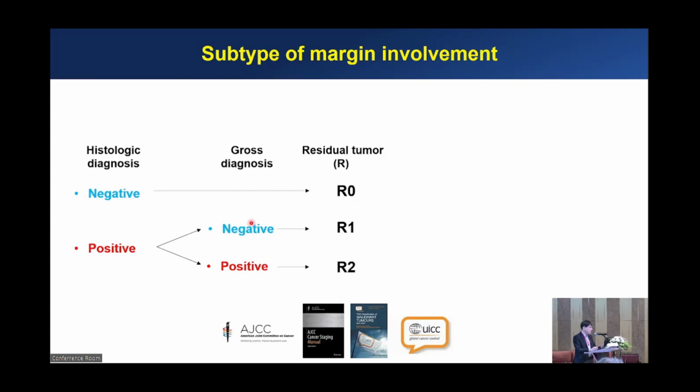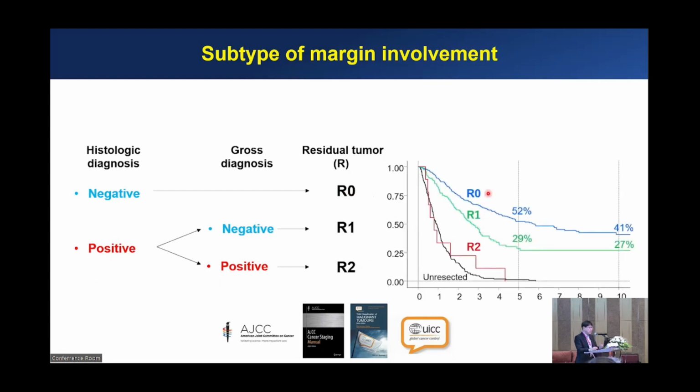This means the surgeon thinks this is a negative tumor, but histologically it is positive, or the surgeon thinks there is residual tumor and it is also confirmed by histological diagnosis as positive. So residual tumor is traditionally classified as R0, R1, R2, and we will confirm the impact of this status.